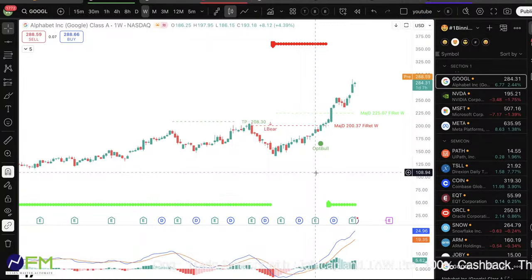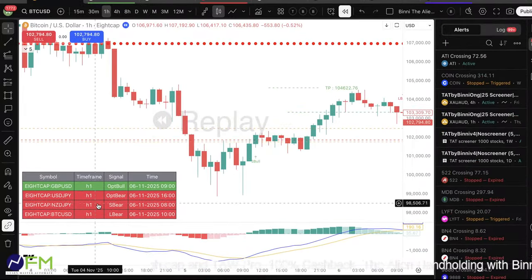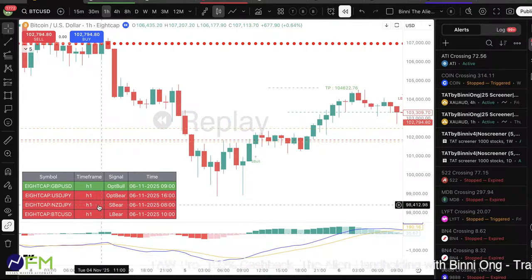If you have the basic or lower tier plan, you can't scan using the watch list. You have to use our own scanner here, and that would limit you to 50 symbols if yours is a free basic version of TradingView.